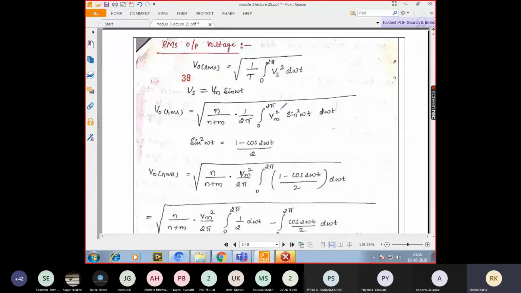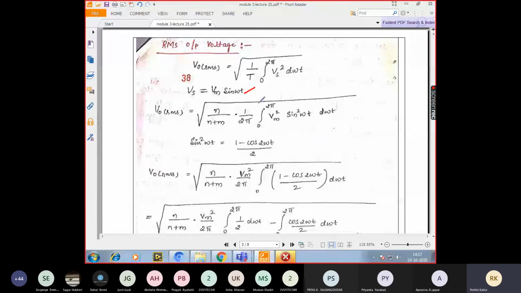Next, we need to calculate V0 RMS, the RMS output voltage. The equation is V0 RMS equals square root of 1 over T integral from 0 to 2 pi of Vs square d omega t. What is Vs? It is Vm sin omega t, correct? So 1 over T is nothing but the time period.